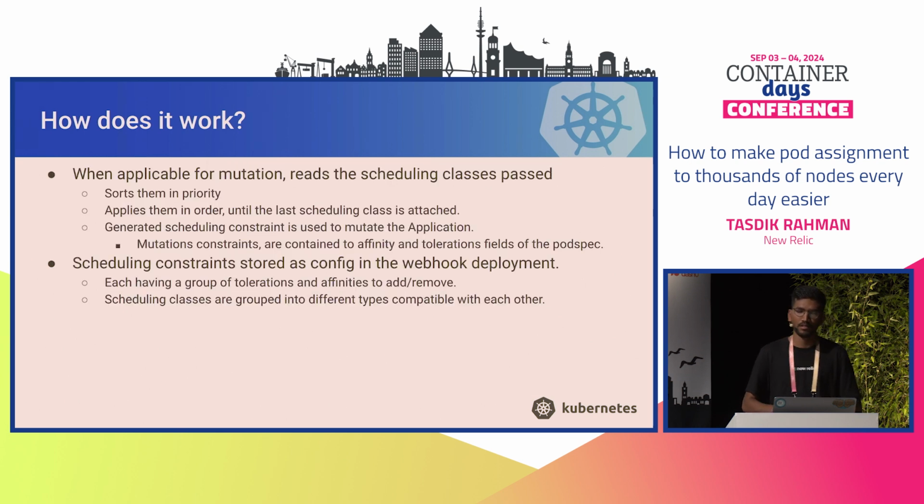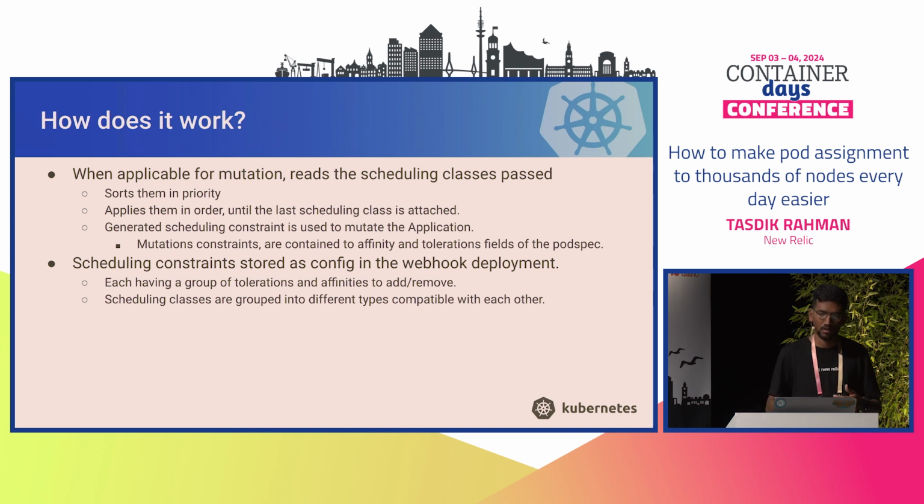So let's go a bit further into what really happens. When the application is applicable for mutation, we read the scheduling classes passed, we sort them in priority, we apply them in order until the last scheduling class is attached, and then the generated scheduling constraint we use to mutate the final application and inject it back to the cluster.